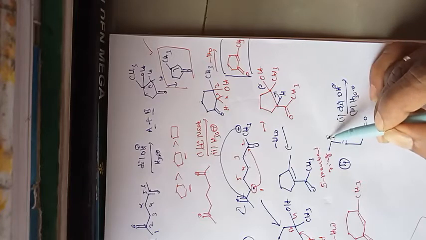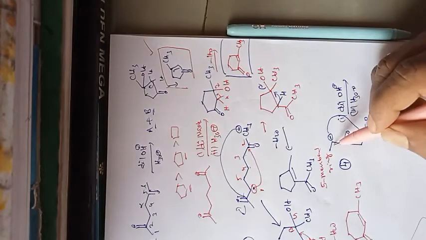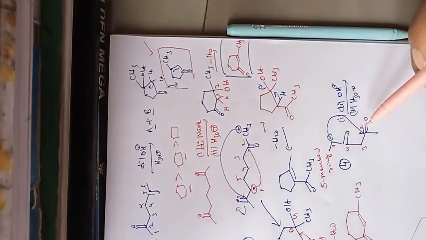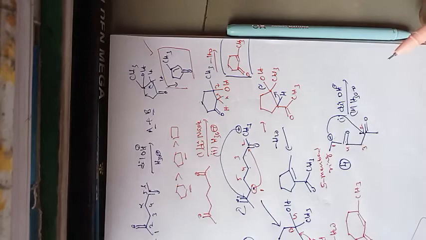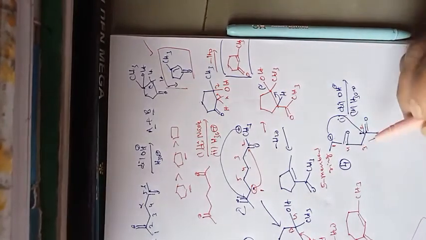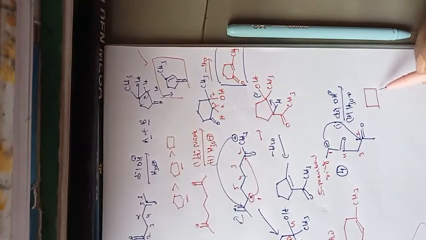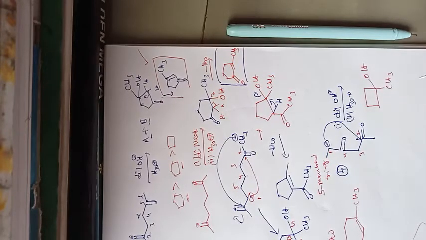In this case you can see here a carbanion will form and a nucleophilic addition reaction occurs. Numbering 1 2 3 4, and here 1 2 3, and another CH2, because in this case there is a possibility of a 4-membered ring. So the 4-membered ring is there, and you can see OH and CH3.